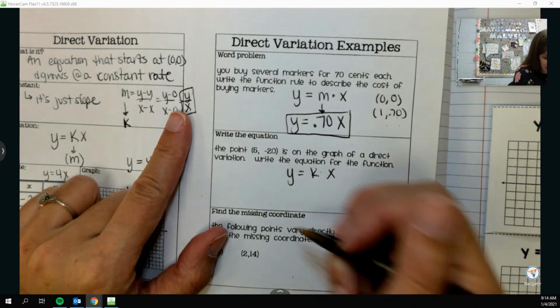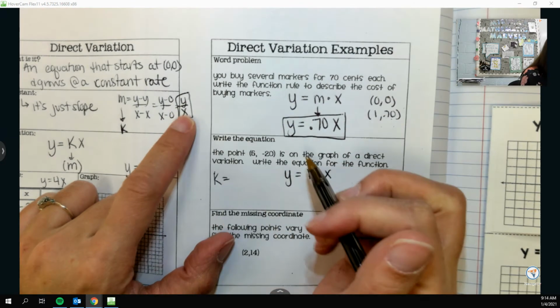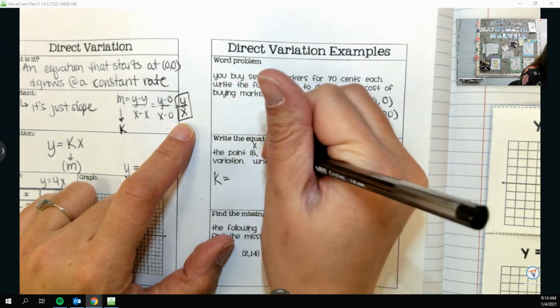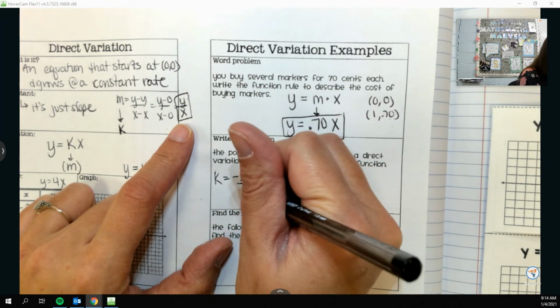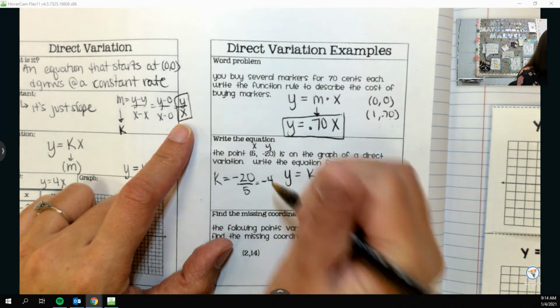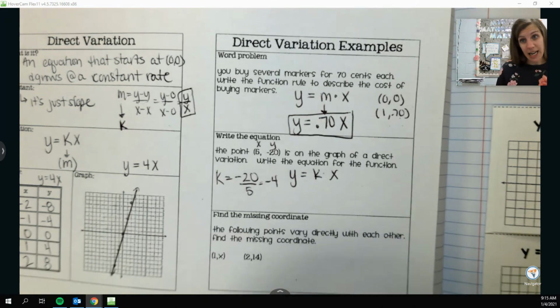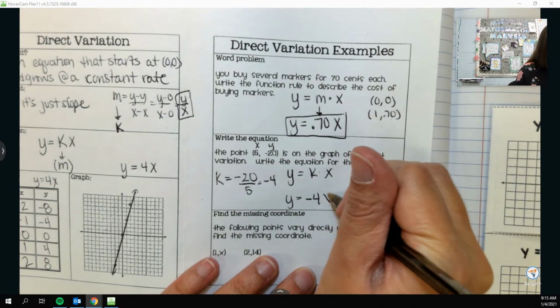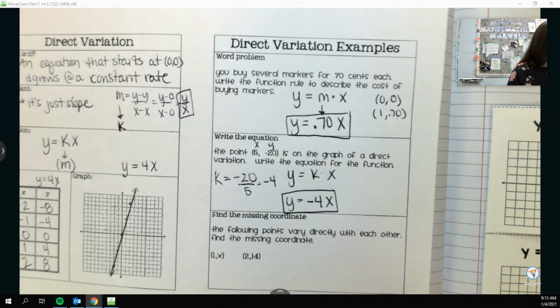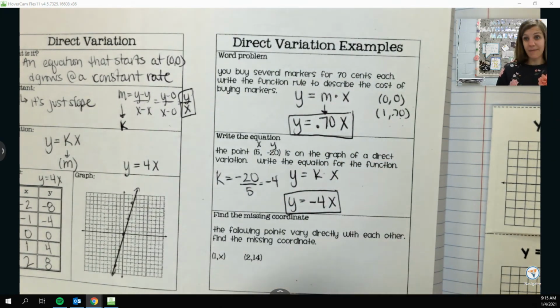So really, to find my slope or to find that k value, I really just need to do y divided by x. So here's an x and here's a y value that I can use. We'll do negative 20 over 5, which means that my slope or my constant of variation is negative 4. So we'll just replace our slope with negative 4. And there you go. That's it.